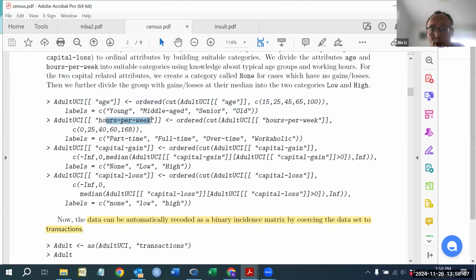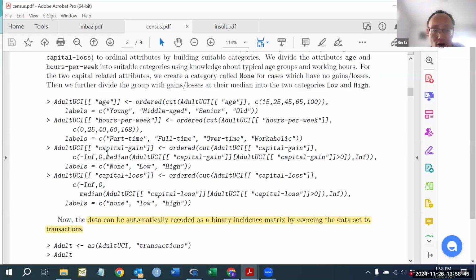For the hours per week, in this data set, the lowest value is 0 hours per week and the highest is 168 hours per week. So that's huge. So we put them into 4 categories. If it's between 0 and 25, we call it part-time. Between 25 and 40, full-time. 40 to 60, overtime. 60 and above, workaholic.